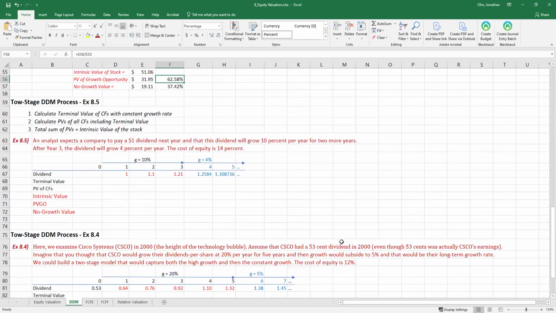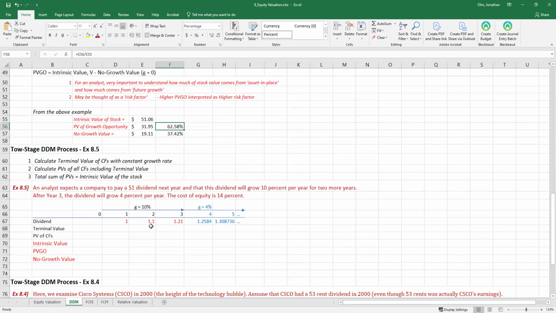So let's do that. When you have this combination of an unusual portion and the usual normal typical portion, you have to solve it separately. First, you take care of this in the normal cash flow pattern.